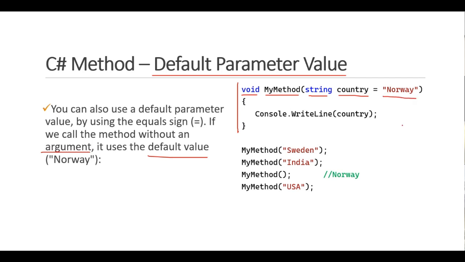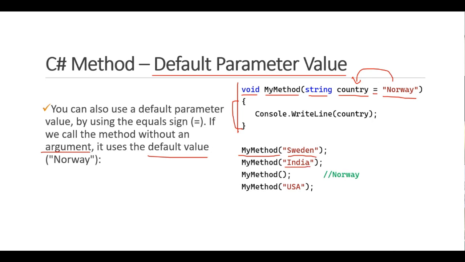Norway is the default value, and we use the equal sign. It means this value is assigned as the default value to country. We have a body, and when we call myMethod with different arguments, for example Sweden, the value of country will be Sweden.